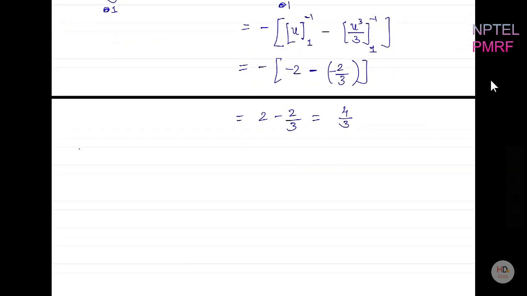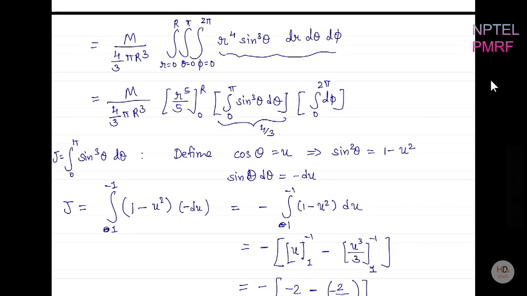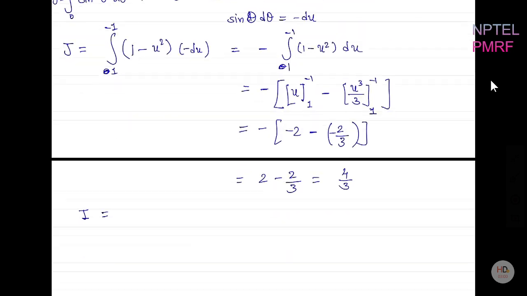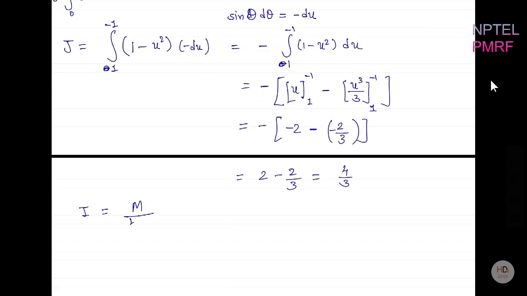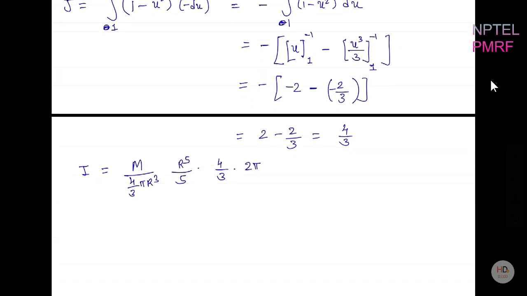So our I, the moment of inertia, becomes m by 4 by 3 pi r cube, then r to the power 5 by 5, then 4 by 3 times 2 pi, right? Yes. Let's cancel out these terms. 4 and pi cancel, r cube goes with r5 to have r square.